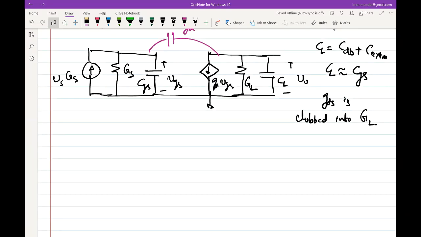Help me with the KCL equation at the first node at the input side across CGS. What should I write? VGS times GS plus what is the current? Basically all the currents coming out. One current coming out of this, one current is this. What is that second current? It is SCGS times VGS. What is this current?